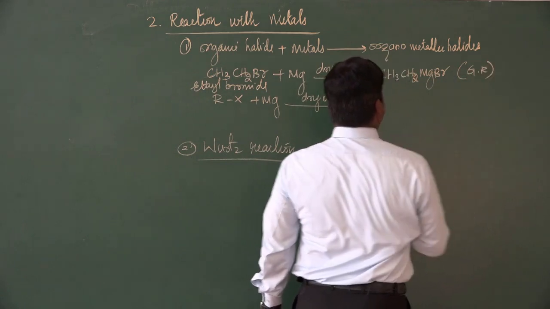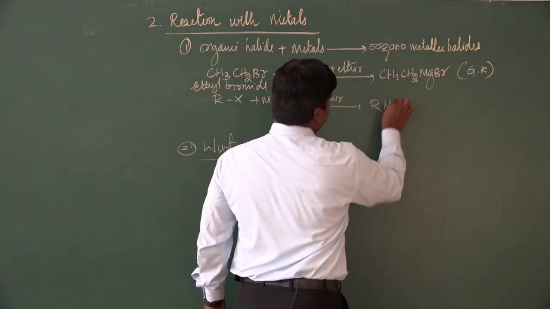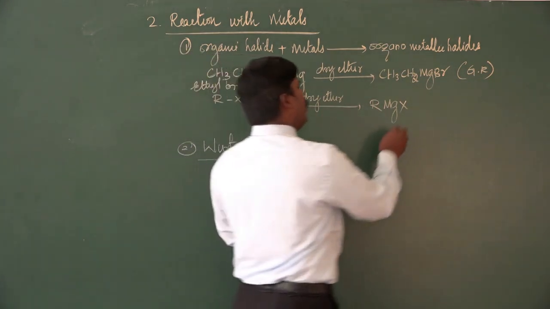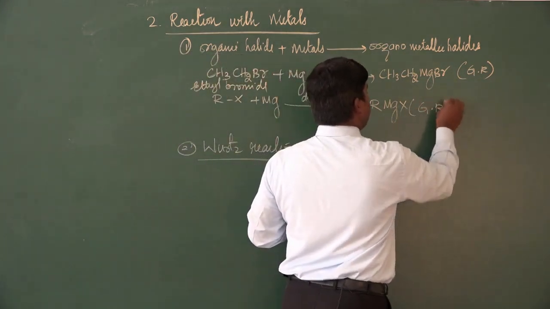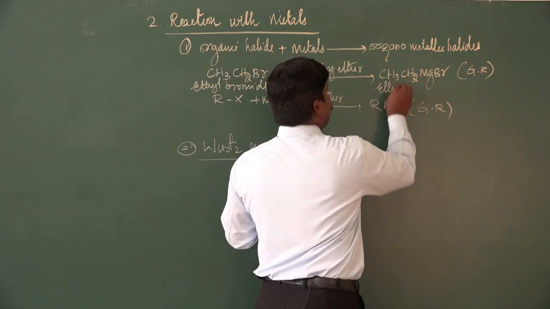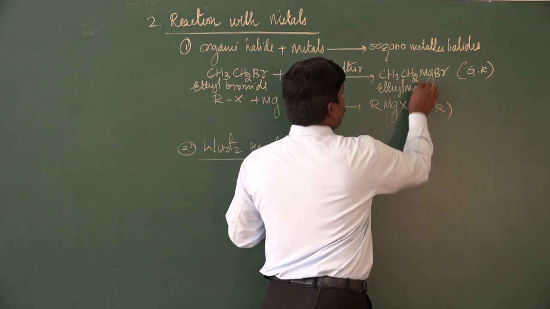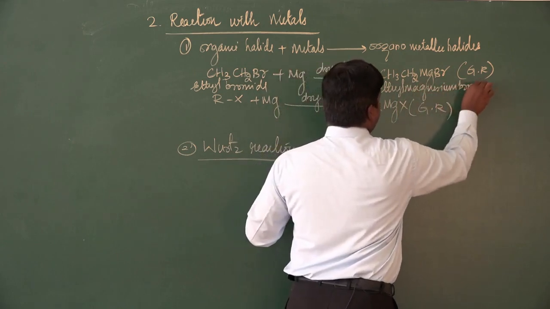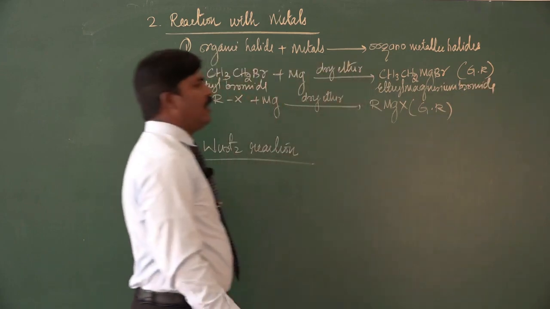Anything in the form RMgX, from RX plus Mg, we call a Grignard reagent. Ethyl magnesium bromide is a Grignard reagent.